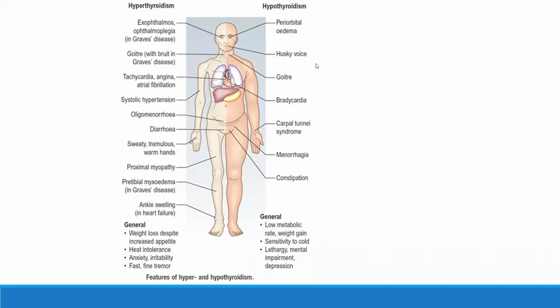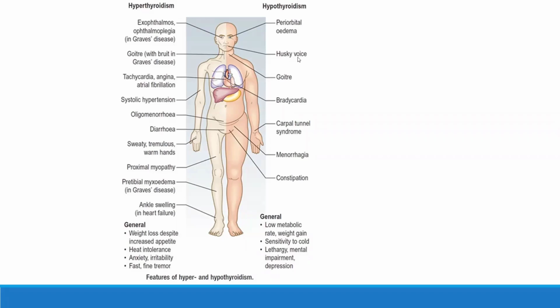Yes. Okay. And this just summarizes the common manifestation of hyperthyroidism versus hypothyroidism. For example, hypothyroidism presents with pretibial edema, but the patient with hyperthyroidism may present with exophthalmos or ophthalmoplegia.